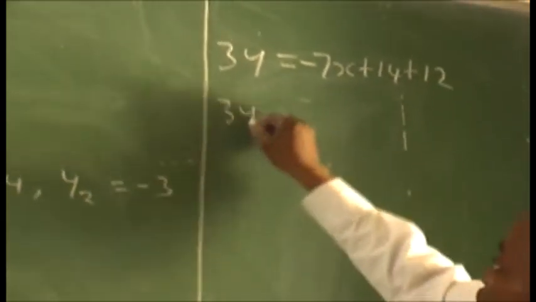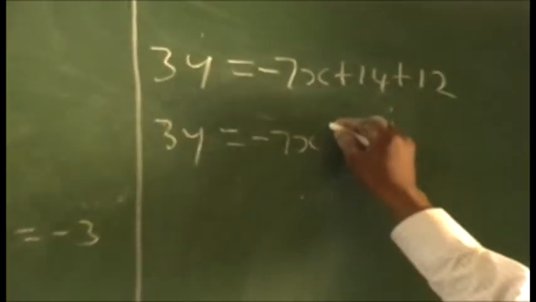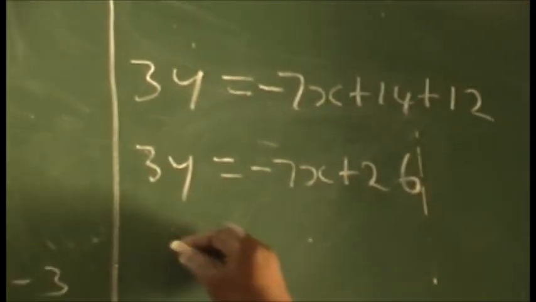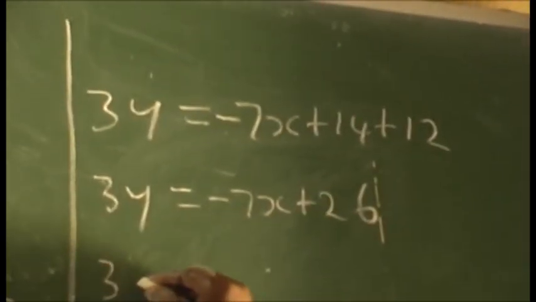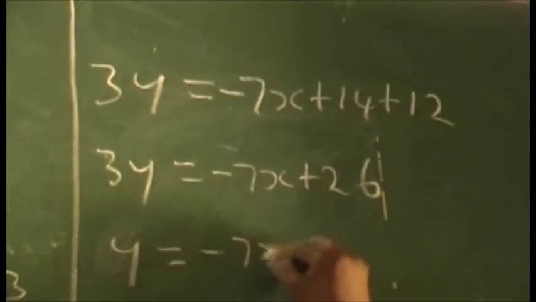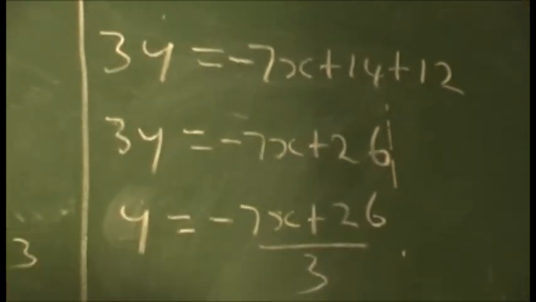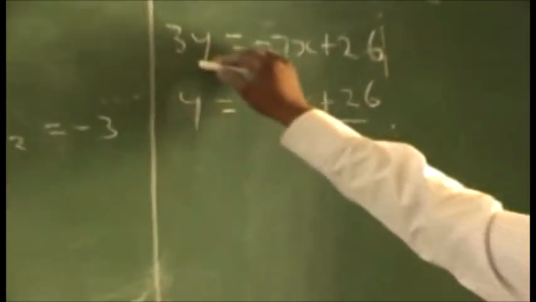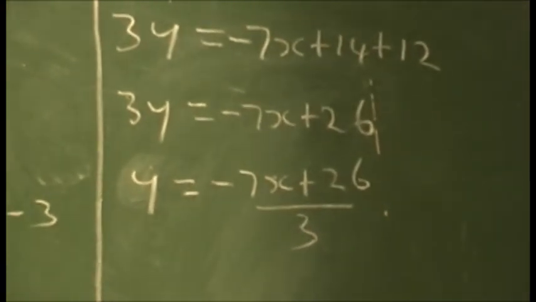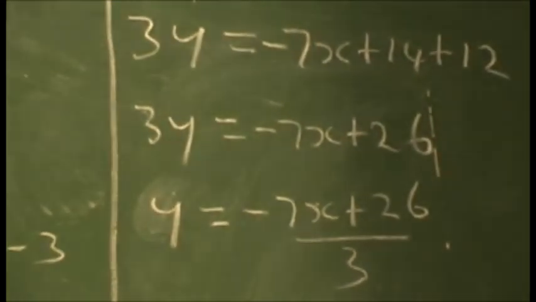That will give us 3y will be equal to minus 7x plus 26. So we will have y is equal to minus 7x plus 26 all over 3. We can keep it in this way, or we can keep it in the other way, it says the same thing. So these are the ways we can form the equation of a line passing through two points.